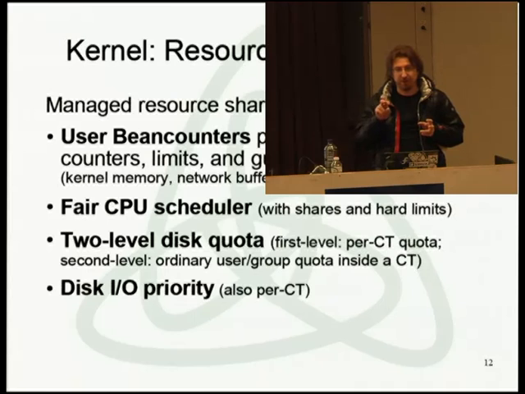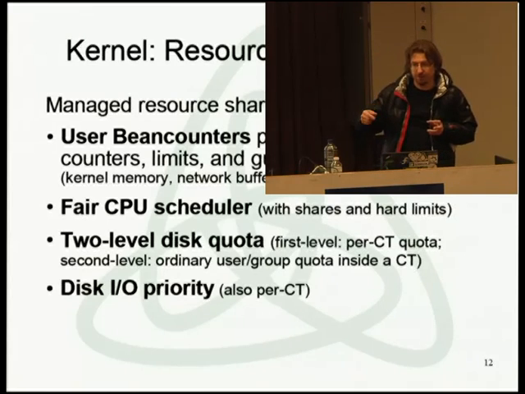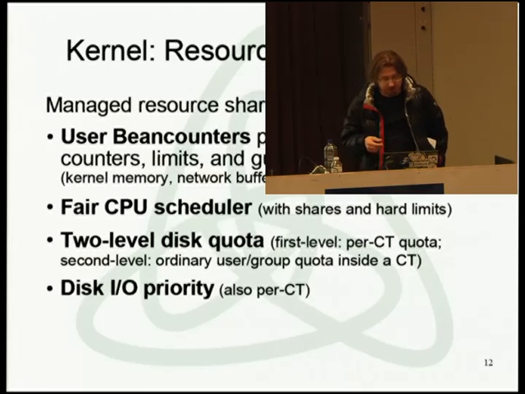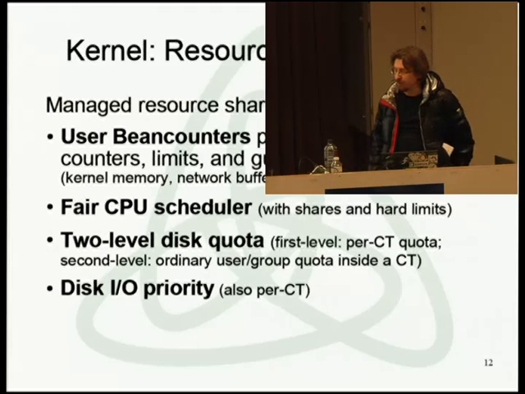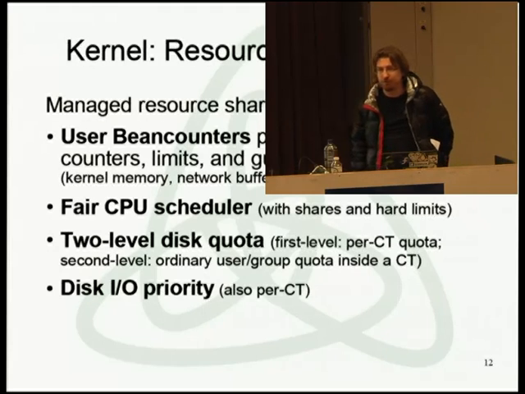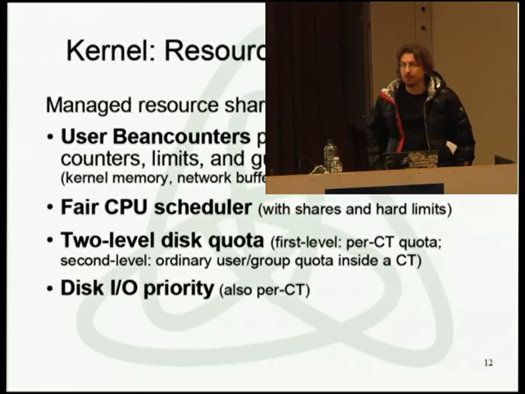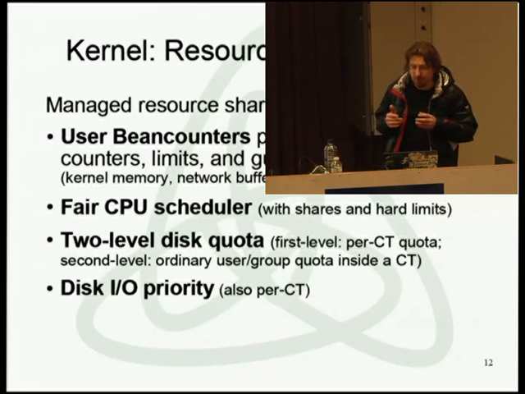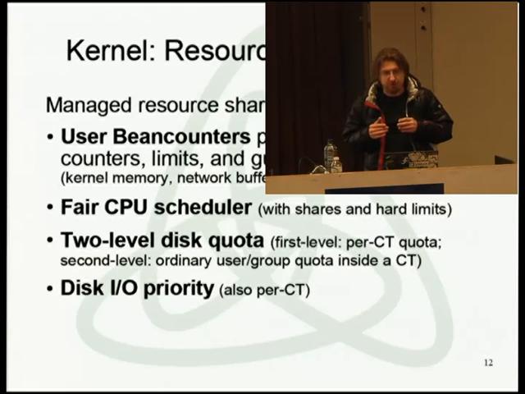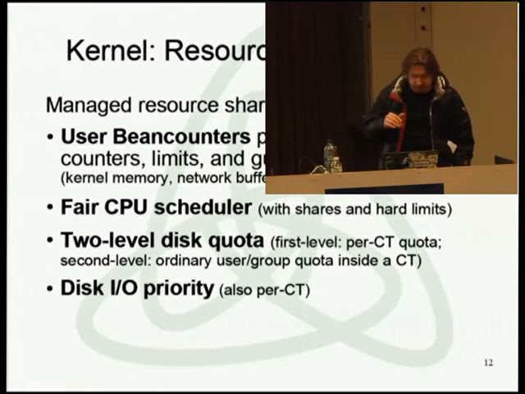We pick the container to give a CPU time slice to, and then we pick a task within that container. That way we can achieve fair CPU distribution between containers. Of course, there are weights for each container, so you can have high priority and low priority containers in terms of CPU. And there are hard limits, like no more than 10% CPU time, no matter what.